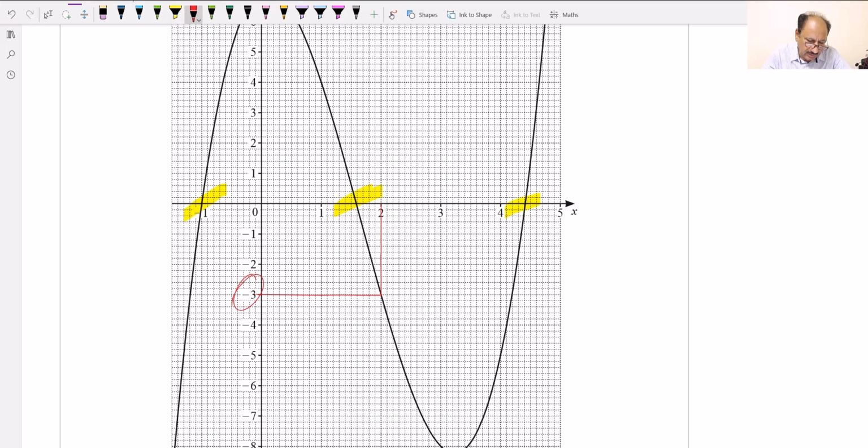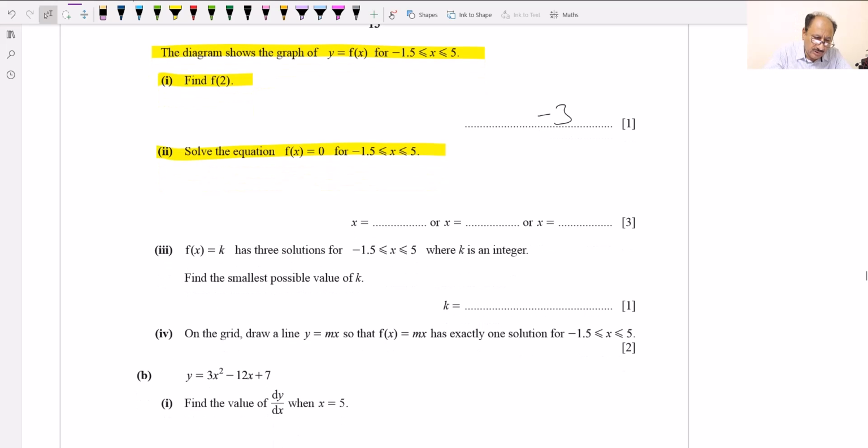These 3 points are -1, 1.6, and 4.4. So these will be three values which we will be providing over here. One value will be -1, then 1.6 and 4.4.